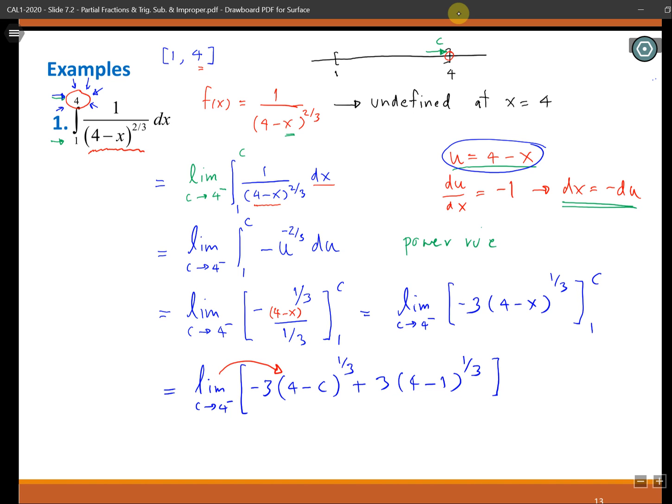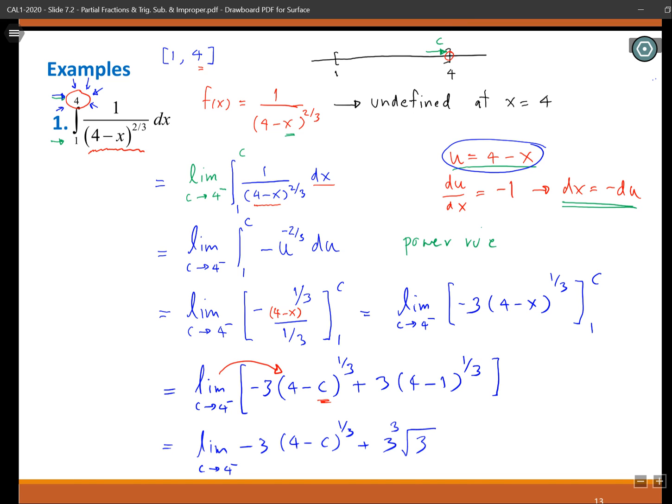All we care about is the front term. So in the end, we have the limit of c approaching 4 of minus 3 times 4 minus c to the power of 1 over 3, plus 3, and the back term becomes 3 to the power of 1 over 3, that's the cube root.